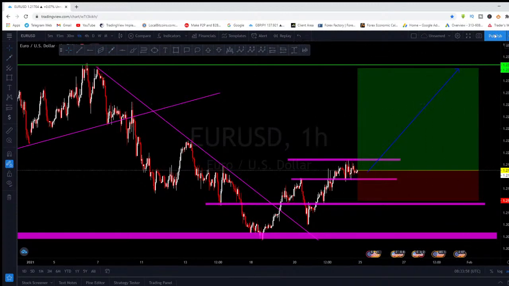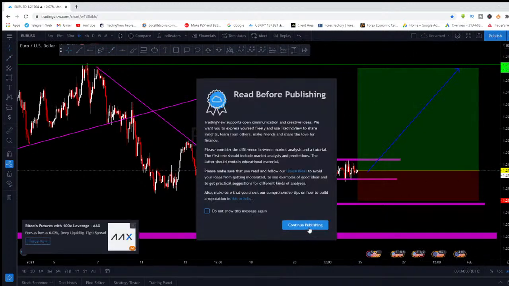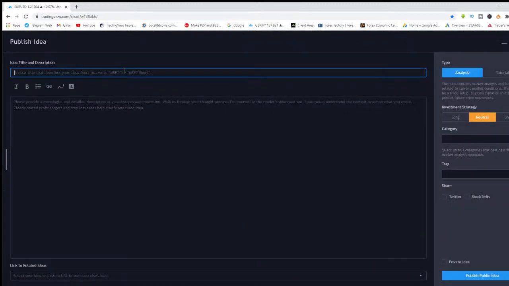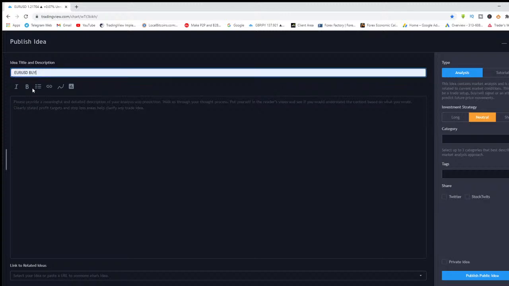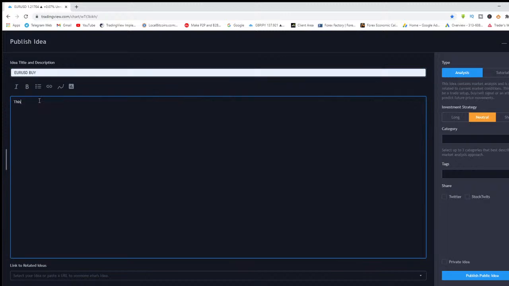So now I'll publish this, continue publishing, and I'll say Euro USD buy right now. And of course, if you don't follow me on my TradingView account, you can go there and follow me right now. And now I'll say this is the Euro USD four-hour time frame analysis.